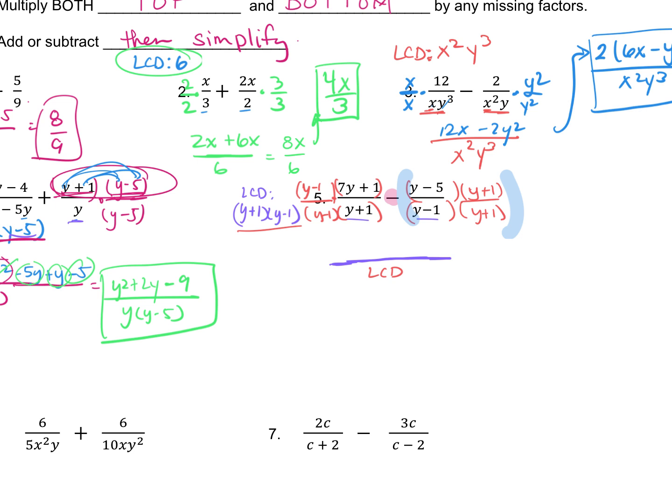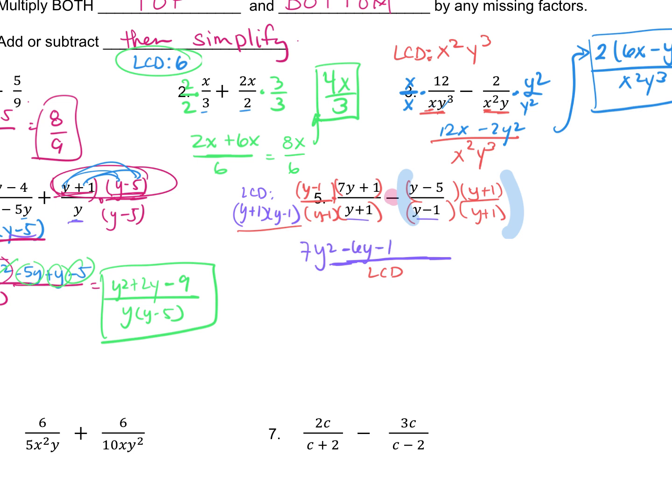So I'm going to FOIL over here like you're used to. I'm going to have 7y squared minus 6y minus 1.